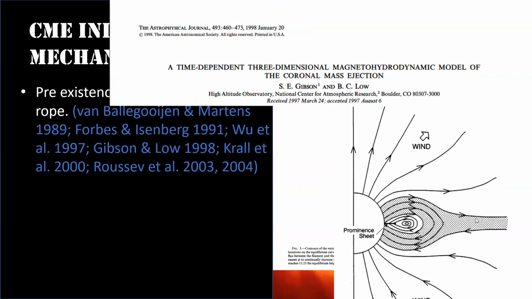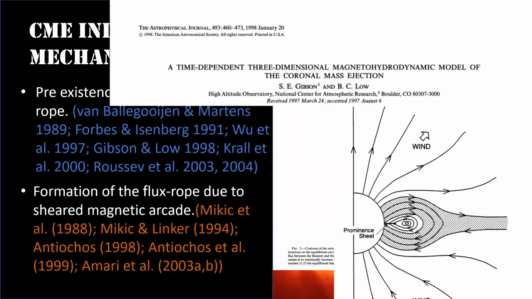Also the initial work by Gibson and Low is a model in which there is an existing flux rope in the solar atmosphere, and it erupts into the heliosphere.